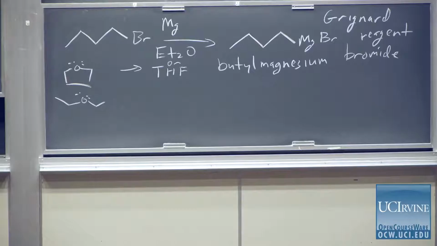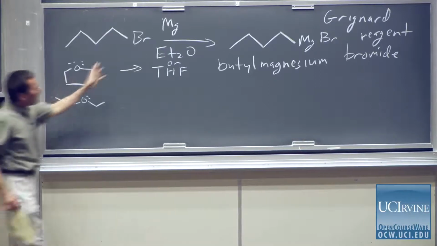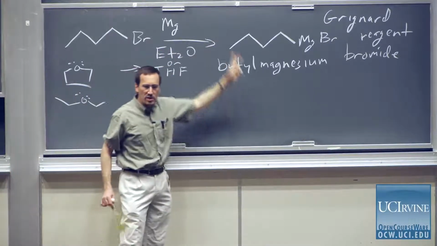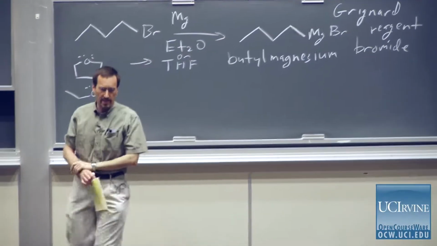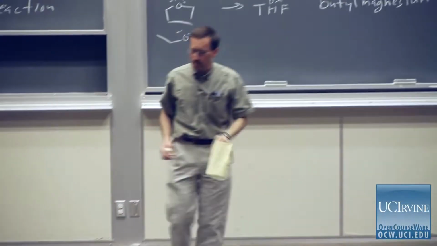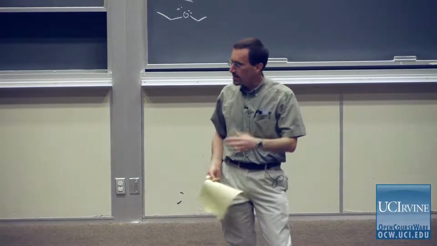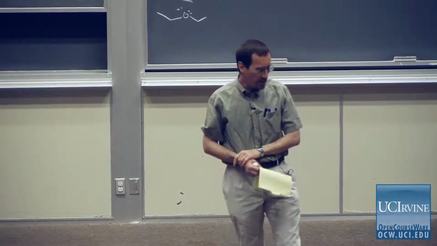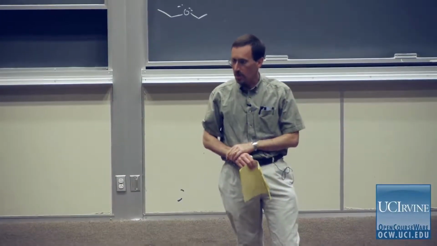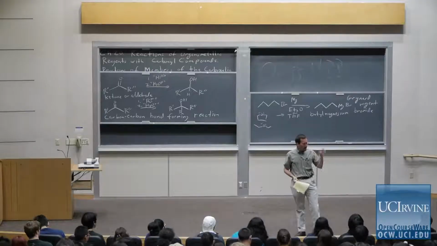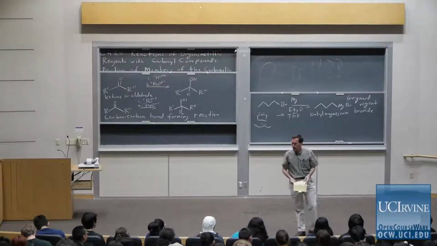And typically one makes a Grignard reagent as part of a synthetic process. They're actually stable reagents. You can put them in a bottle. You can buy them. But in the laboratory, because they react with air and because they react with moisture, you would typically go ahead and immediately add a carbonyl compound.